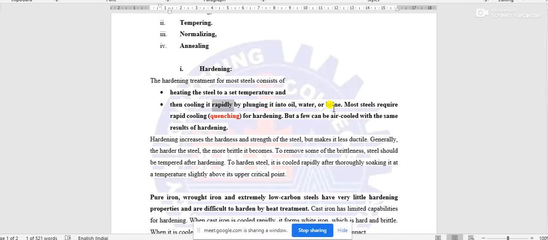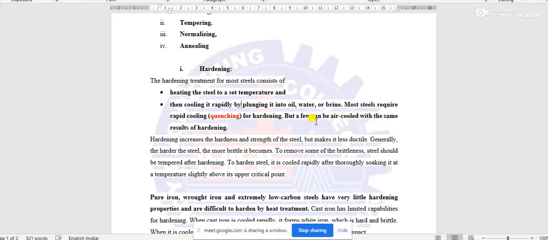The temperature is reduced when common rock salt is mixed with the water. That's why this type of mixture is used for cooling. This rapid cooling stage is done by putting the hot steel into cold oil, cold water, or some brine mixture.